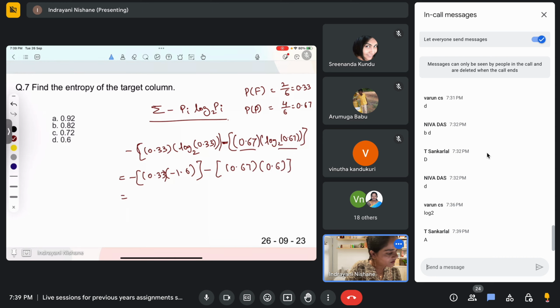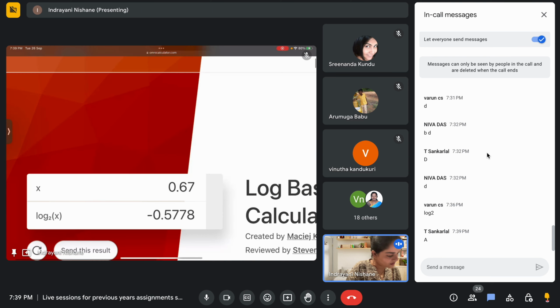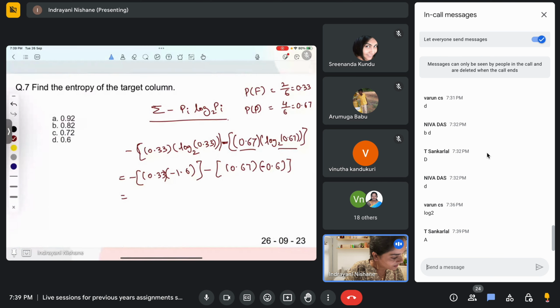Now I'll open my phone calculator and do this. You can also do this and let me know. Was there a negative sign for this? Yes, there was a negative sign for this. This is negative, so this negative will become positive, and here also it will become positive.